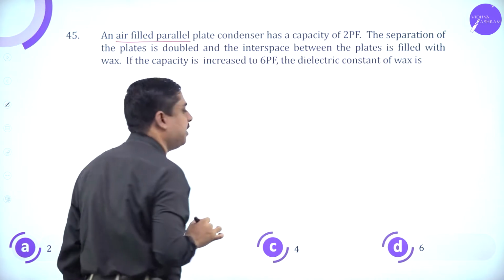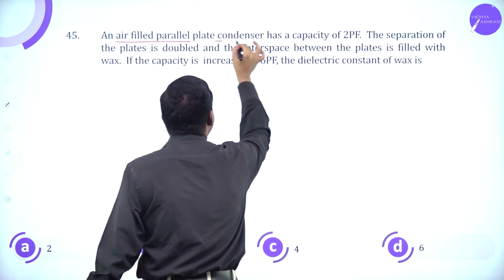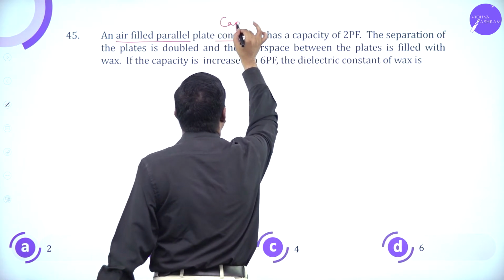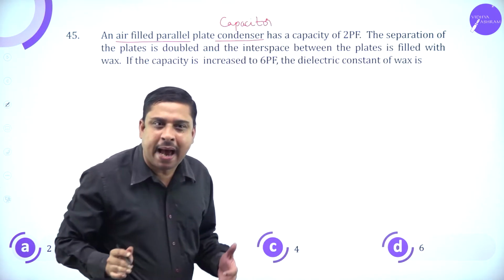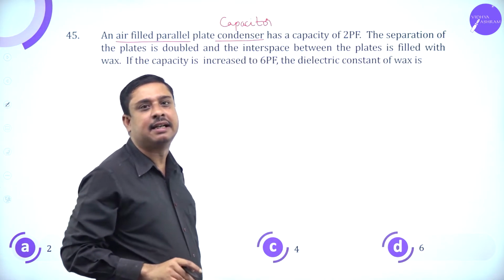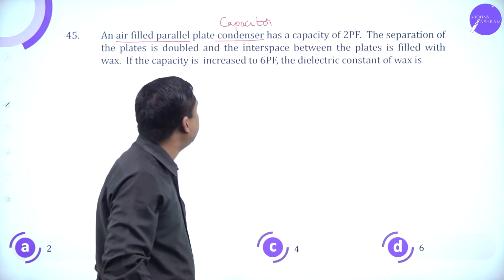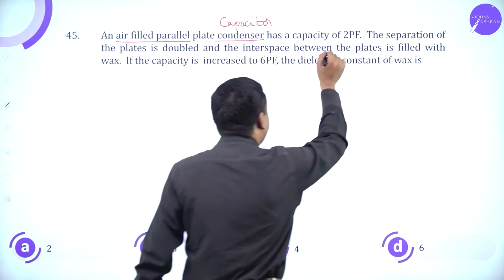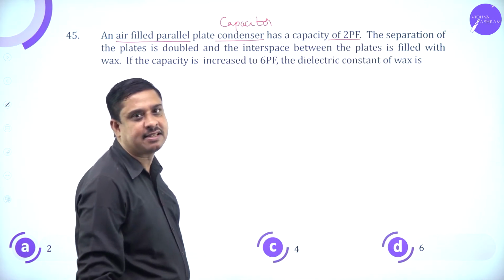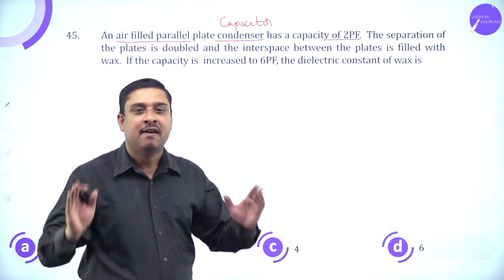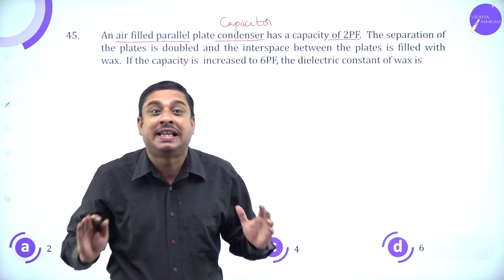An air-filled parallel plate condenser. Condenser is nothing but a capacitor. Air-filled parallel plate condenser has a capacity of 2 picofarads. Air-filled, when the space between the plates is filled with air.